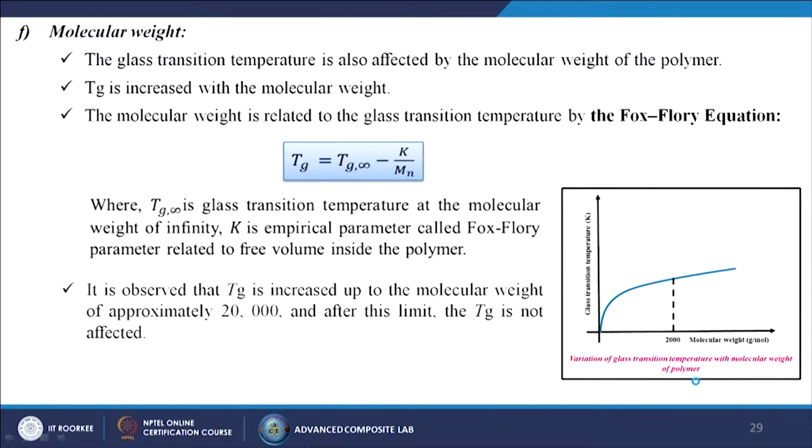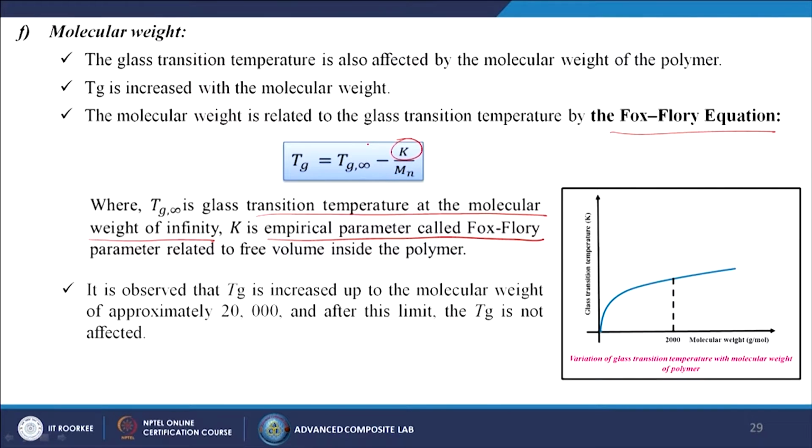And another one is the molecular weight. The glass transition temperature is also affected by the molecular weight of the polymer. Tg is increased with the molecular weight. The molecular weight is generally related to the glass transition temperature by the Fox-Flory equation: Tg equals Tg infinity minus K by Mn, where Tg infinity is the glass transition temperature at infinite molecular weight, and K is the empirical parameter called the Fox-Flory parameter, related to free volume inside the polymer.